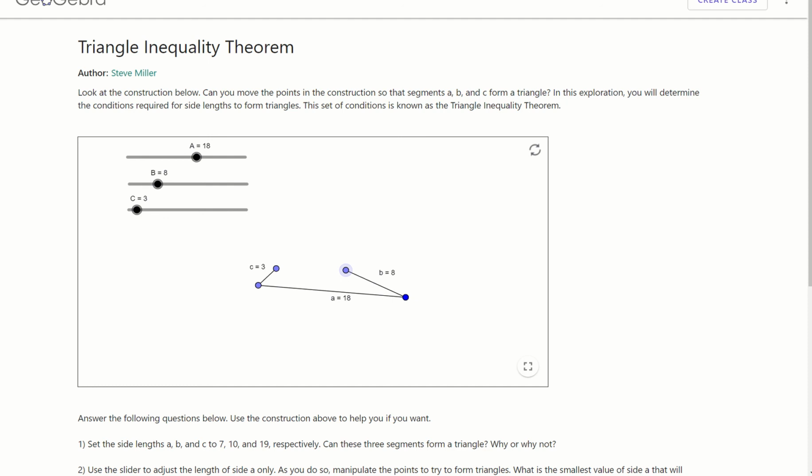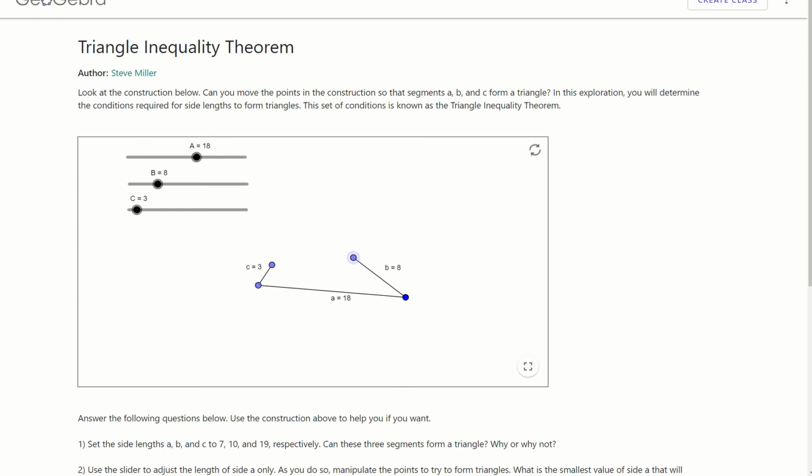All right, so this would be a really good example for the second bullet point on side lengths that do not create a triangle. The 8 and 3 do not touch, so therefore this cannot create a triangle at all. And then this would also answer your first question. Can any combination of side lengths form a triangle? No, they cannot, because we have 8, 3, and 18.